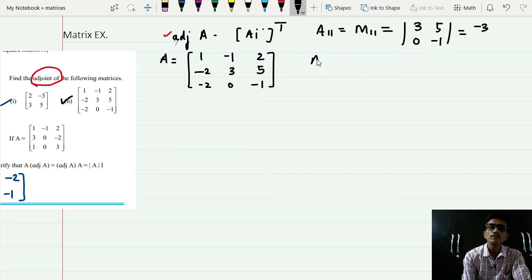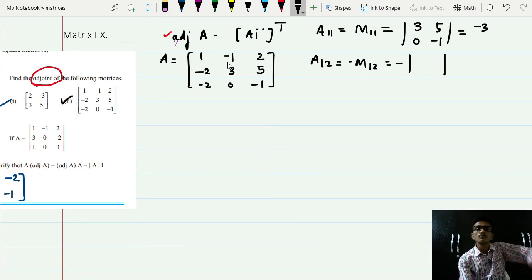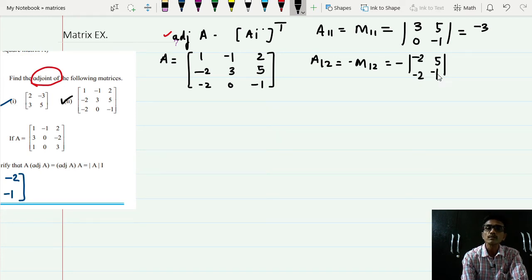Then A12 is equal to minus of M12, which is minus of the determinant of M12. So first row and second column delete करना है आपको. Minus 2, 5, minus 1. So expansion will be minus 10 minus 2, so minus 12 होगा.